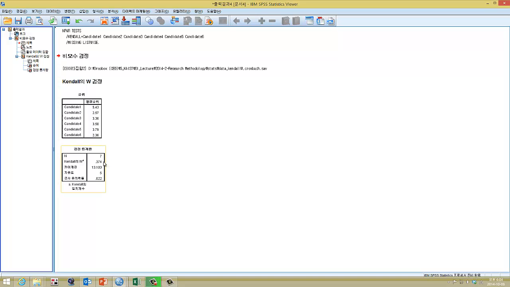We can roughly interpret the size of effect by referring to the way we do for correlation coefficients, such as R or rho.